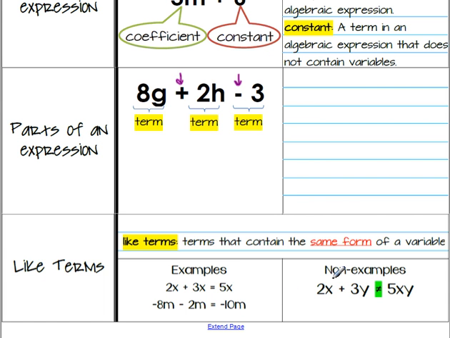A non-example is if we have 2x plus 3y. These are not like terms, so we cannot combine them, so it does not equal 5xy. Since these are not like terms, this would be as simplified as your answer could get, 2x plus 3y. You could not simplify that expression any further.